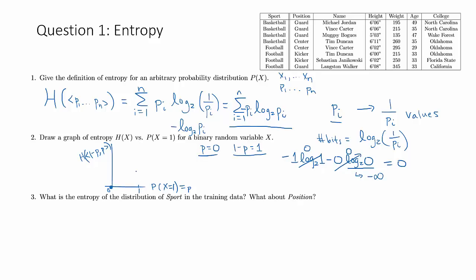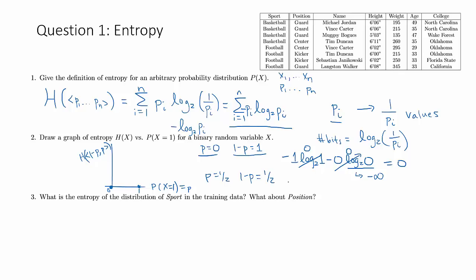In the case where p is equal to 1, we have the exact same scenario just flipped around. And so again, the entropy is 0. How about when p is equal to 1/2? In this case, we can use the entropy equation here. So here for x equals 0, we have 1 minus p equals also 1/2.